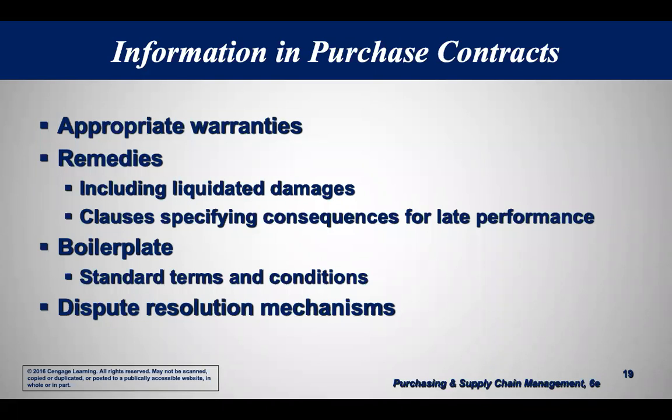And if you're the buyer and you're asking a company to accept your standard contract, then you better be able to explain what the boilerplate terms and conditions mean, because they may ask you, well, I read in the back here, in Article 26, what does this mean? If you can't explain it, how can you expect them to accept it?